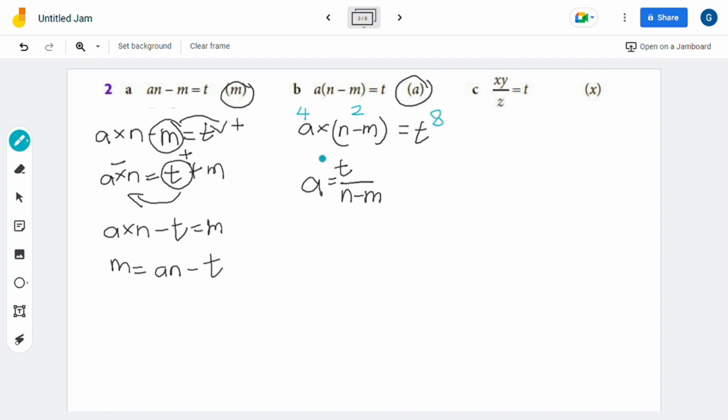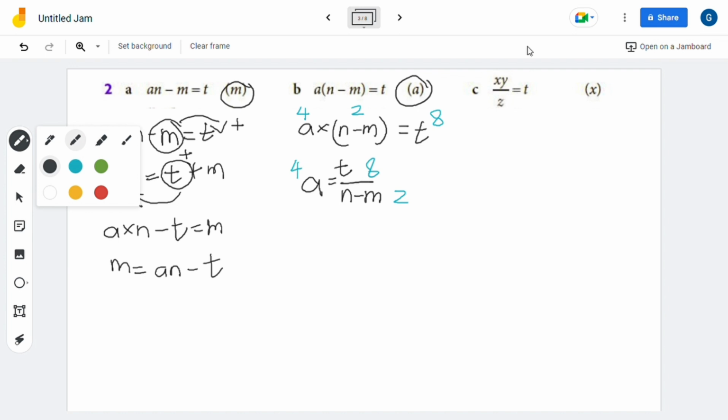We need to make 4 the subject of the formula using these two numbers. So 4 will equal to 8 divided by 2. As we turn it back to variables, the answer will be a equals t over n minus m. So maybe this will be easier for you to visualize.